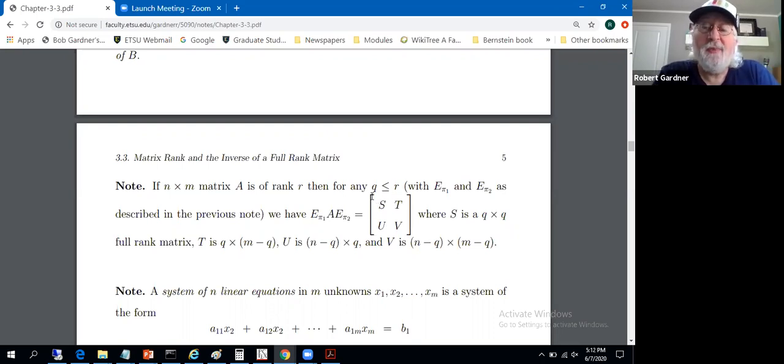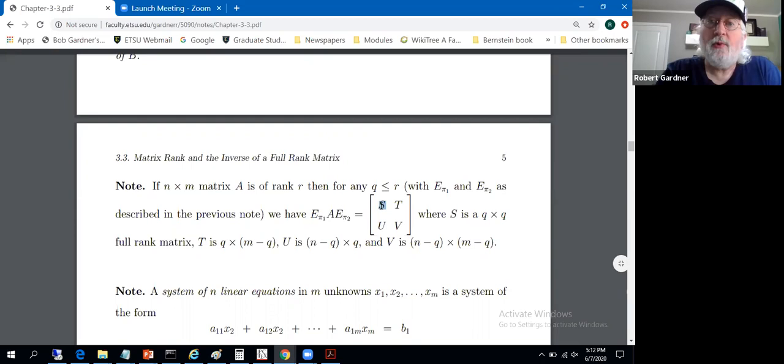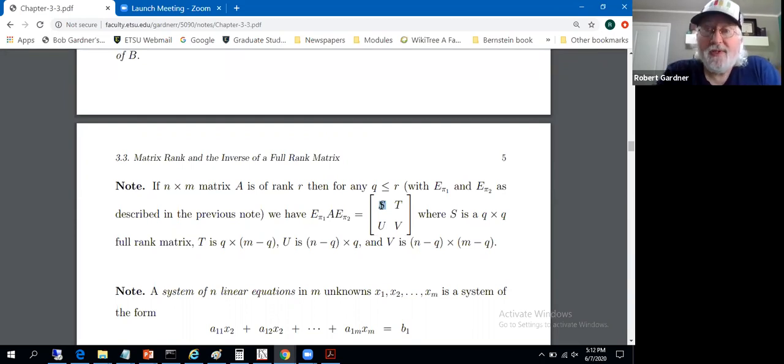Maybe not all of them that were available, but only Q of them, and we've created this kind of partition. So this is just a more general version of what we had upstairs. If we took Q equal to R, then we'd have that full rank partitioning. But we could create these little submatrices, and a little submatrix is full rank because we built it that way. It could be bigger and still be full rank if Q is strictly less than R.